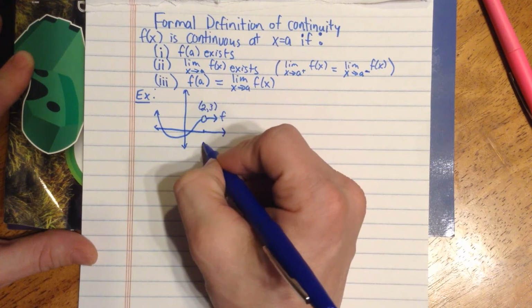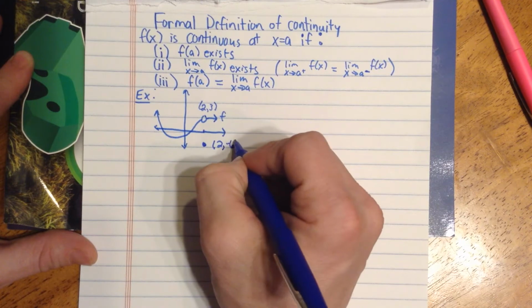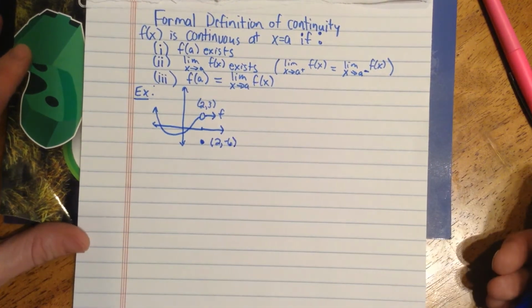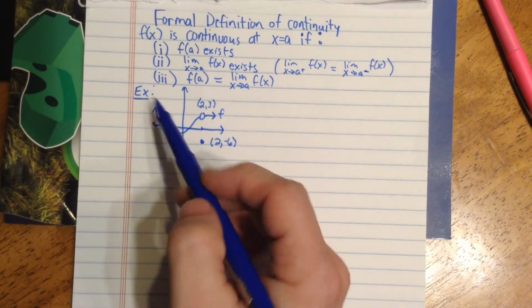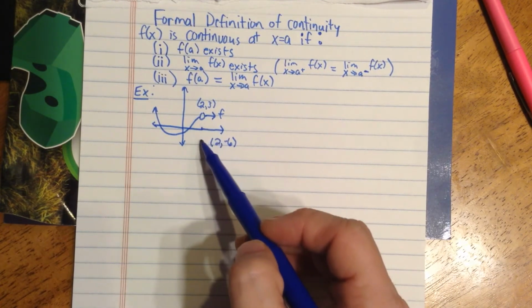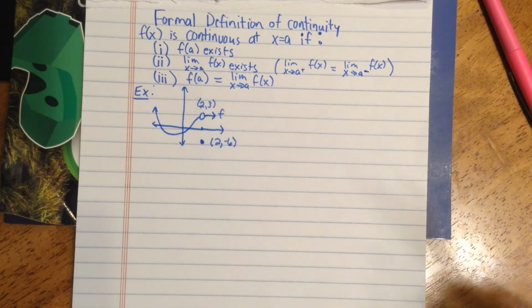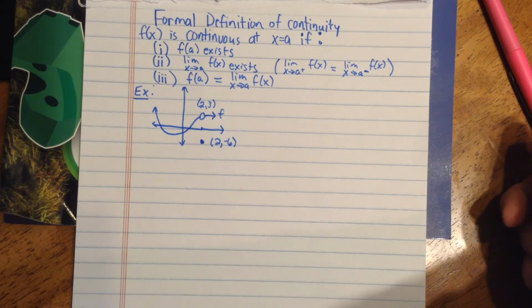And down here, I'm going to label another point (2, -6). This is not to scale, obviously. Looking at that, if I trace this with my pencil, eventually I'm going to have to jump down there just so I can finish the function. So this is clearly not a continuous function.